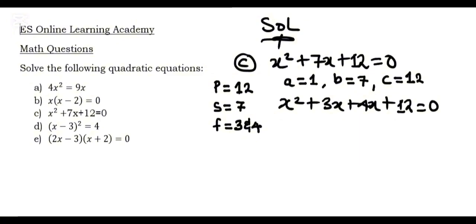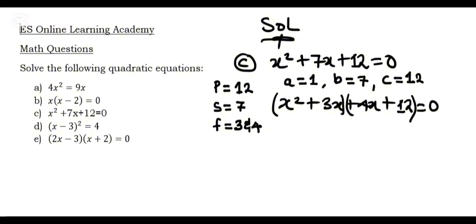And then we are going to group the terms. Since we've got 4 terms, we are going to group the terms into 2 groups. So the first group is going to have x squared and 3x. Then the second group is going to have positive 4x and 12. Then factor out from each group what is common.